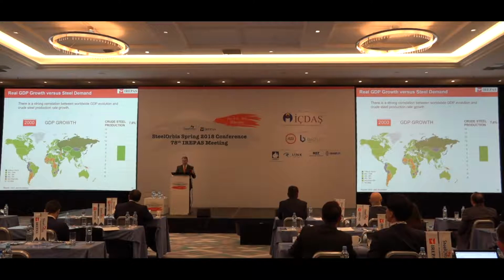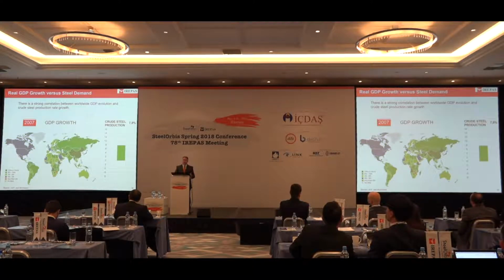So for the years from 2000 until 2007, you will see that the GDP growth all around the world was mainly green, and we enjoyed during this period a very nice crude steel production growth rate.